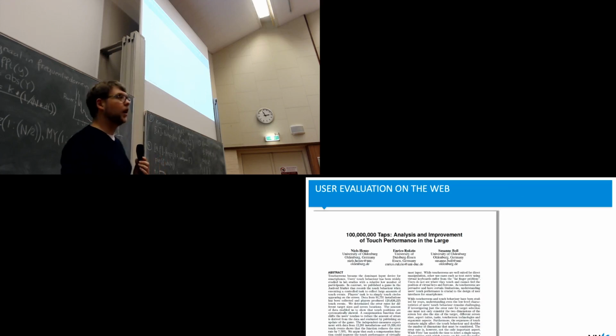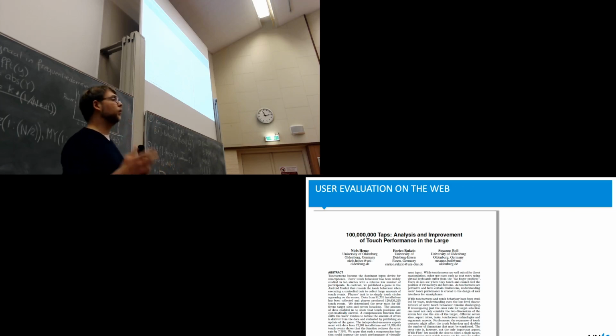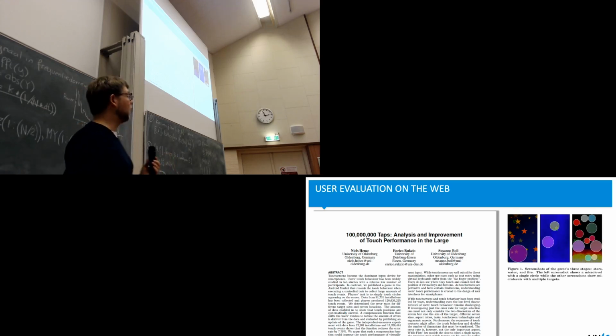And just a short example by colleagues of mine. Roughly 10 years ago, they implemented Android applications, games, simply to understand how people touch on smartphones, and they released it on the Google Play Store. The task was to tap on these bubbles, and they were interested, is there a pattern of an offset where you touch on the touch screen?